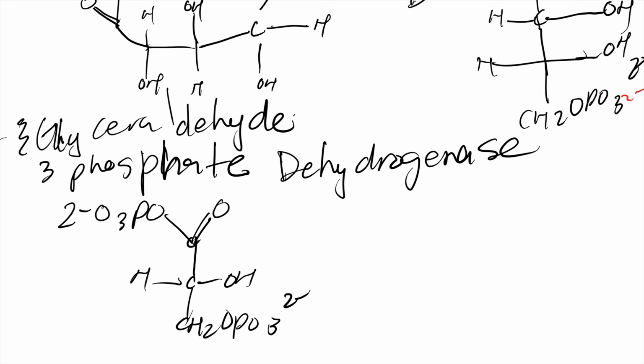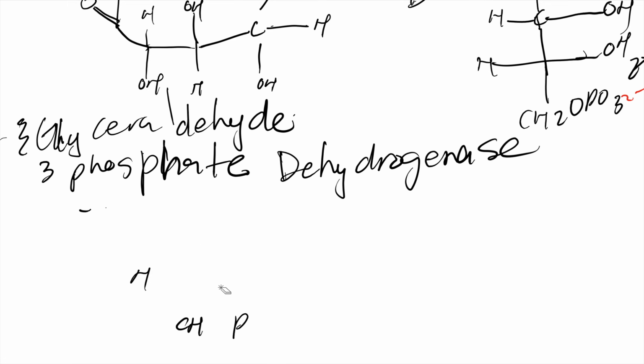I'm getting a little ahead. So let me actually erase that, because that's what we're going to make after this enzyme comes. So we actually have this, which is what we have.